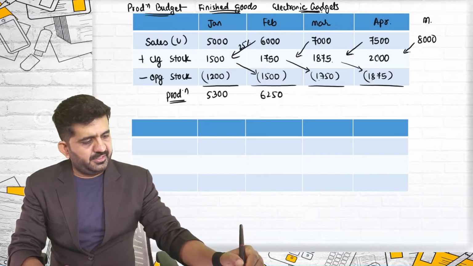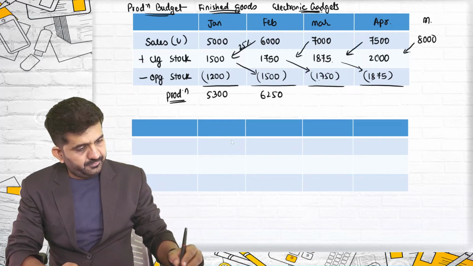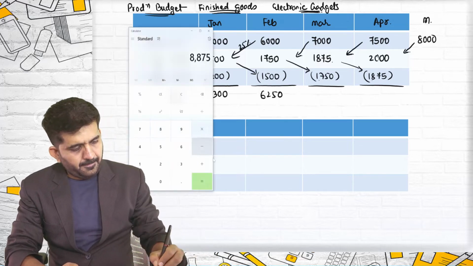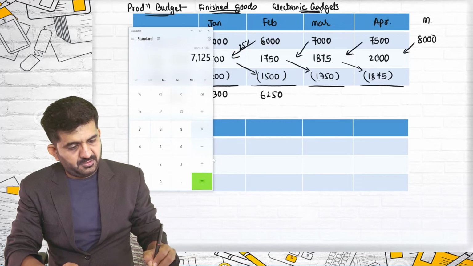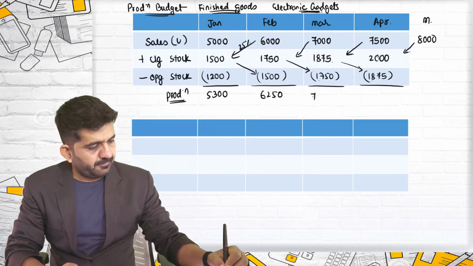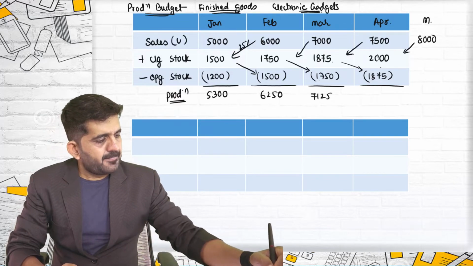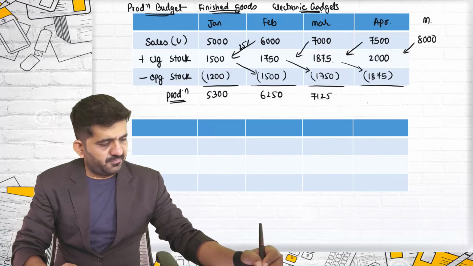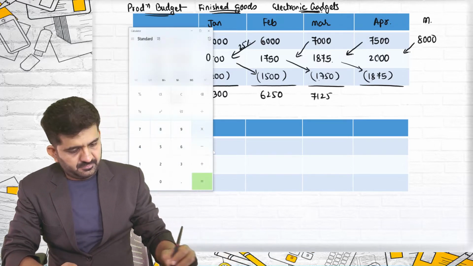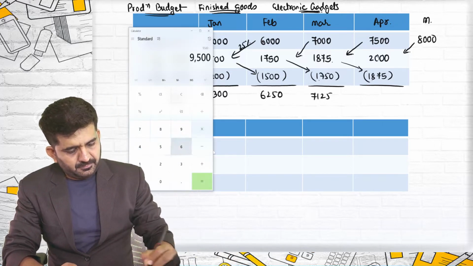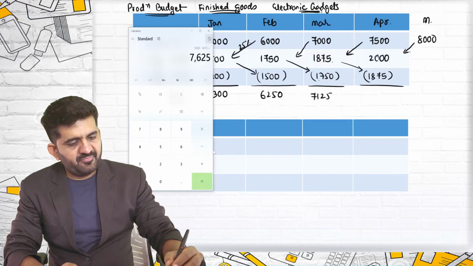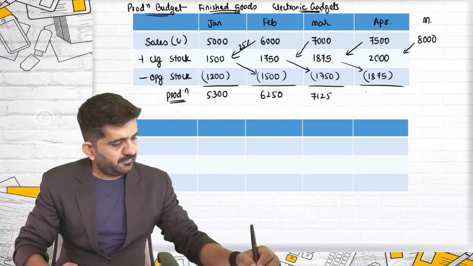This is 8,875 minus 1,750, 7,125. This is 9,500 minus 1,875, 7,625.